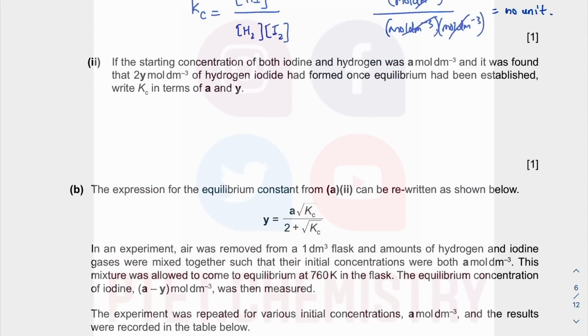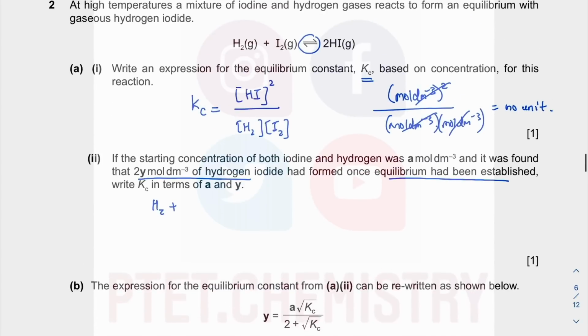So if the starting concentration of both the iodine and the hydrogen was A mole per dm cube, and you get 2y mole per dm cube of hydrogen iodide. This is a very common equilibrium Kc kind of question, yeah? The best thing you could do is really set up an equilibrium table.